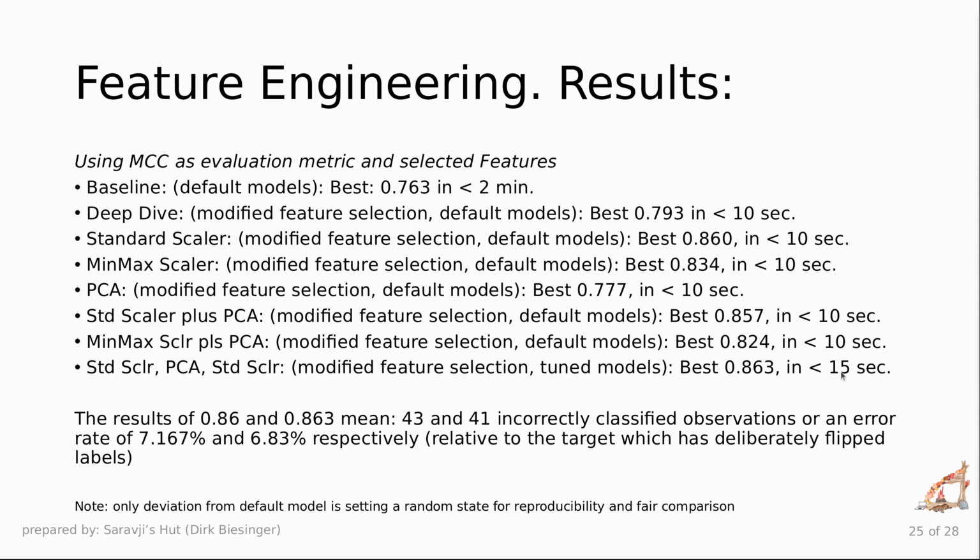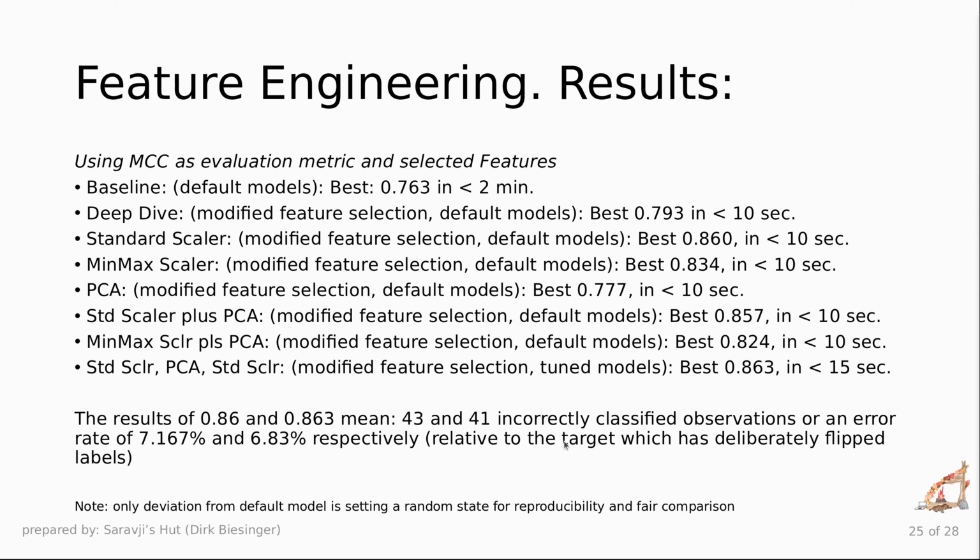To put this into perspective, what this MCC value actually means: comparing the results of 0.86 and 0.863 means that 43 and 41 incorrectly classified observations respectively, or an error rate of 7.167% or 6.83% respectively, are in the prediction.